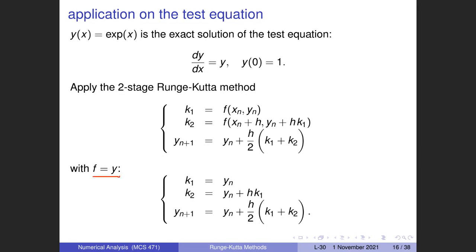K2 is the evaluation where you recognize the correction, the Euler method. And then we have the trapezoidal rule.